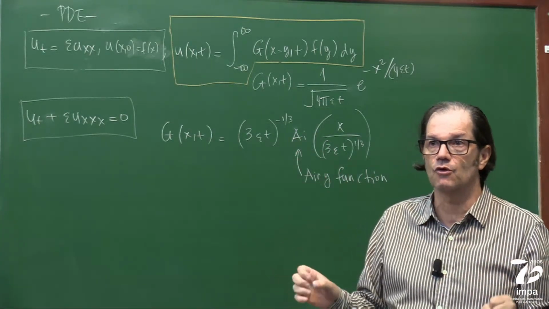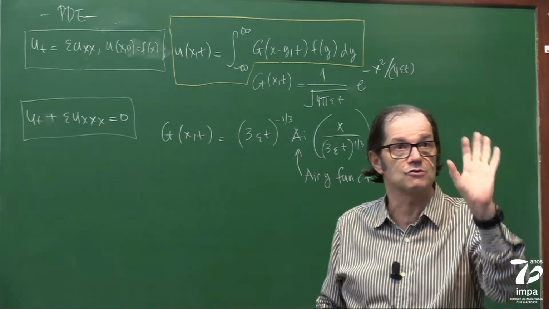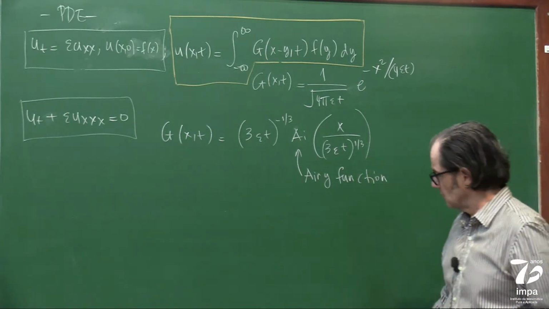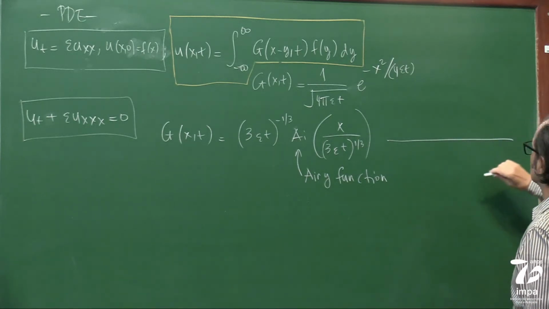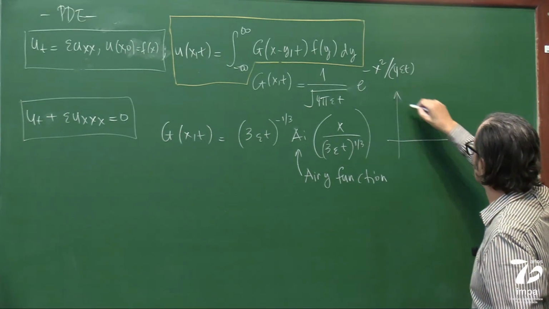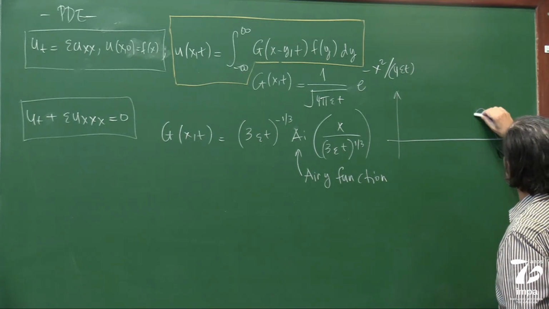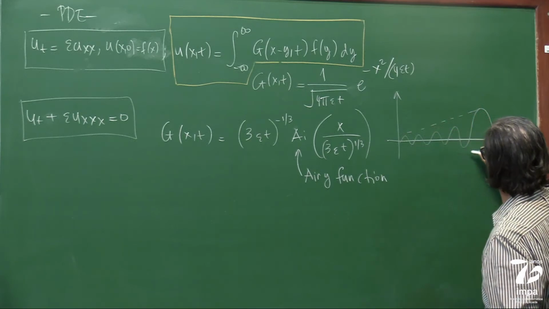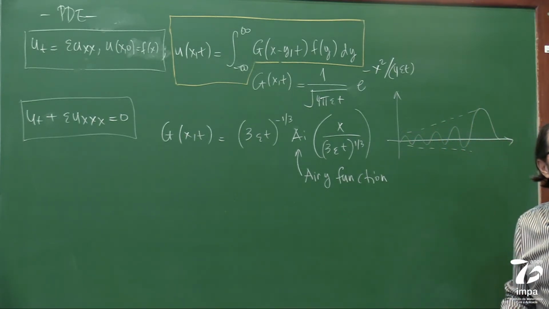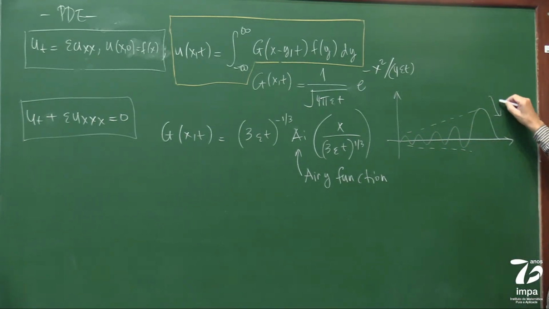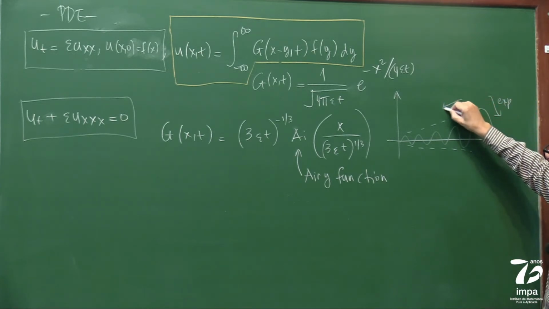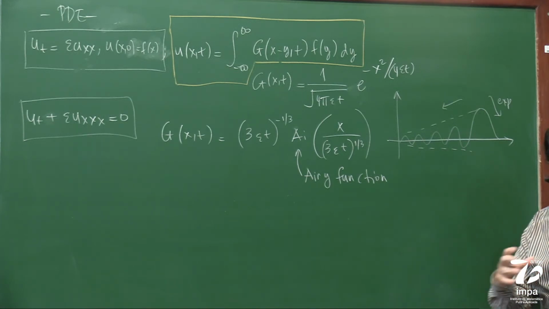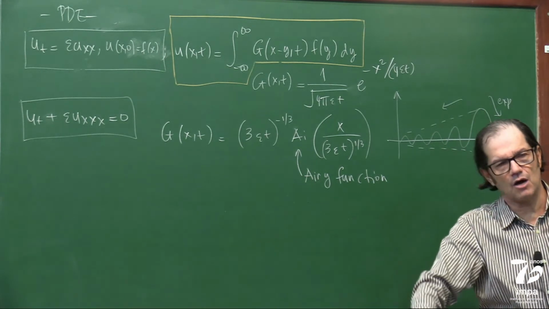That's how you do it for, say, the linear KdV, water waves. You saw this in PDEs. But if you plot the Airy function, if you look at books, it's a function like this. If you do the asymptotics, here it decays exponentially, and here, the tail of the Airy function, is like a sine with algebraic decay.